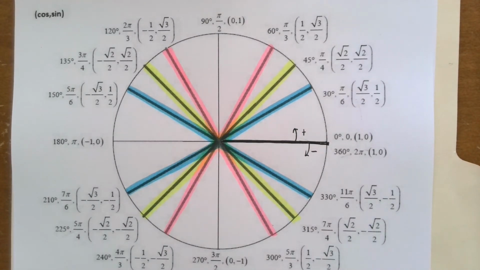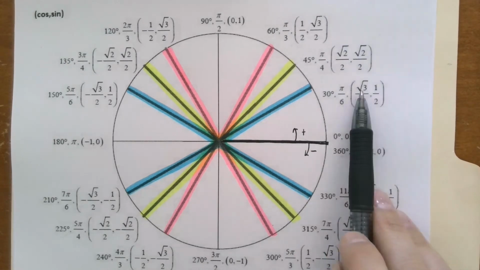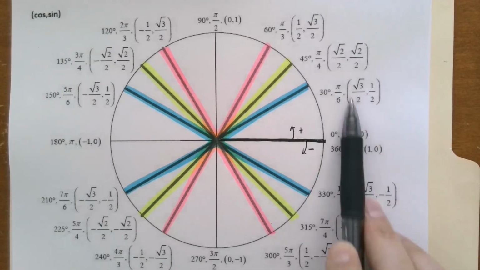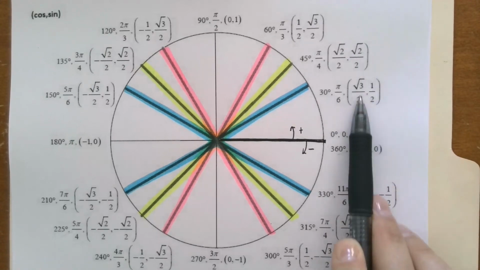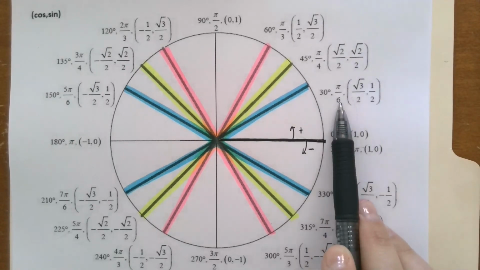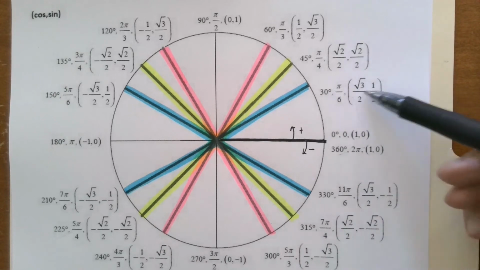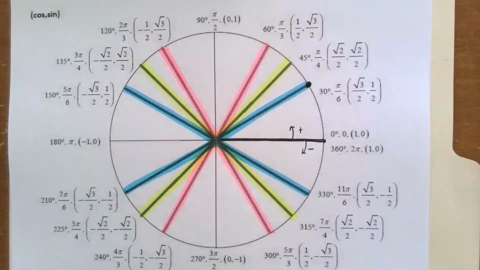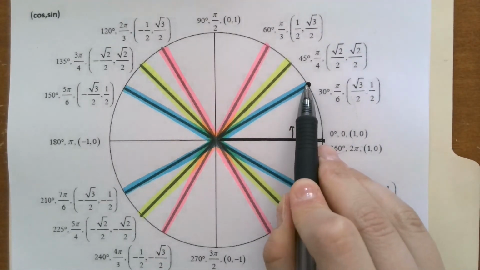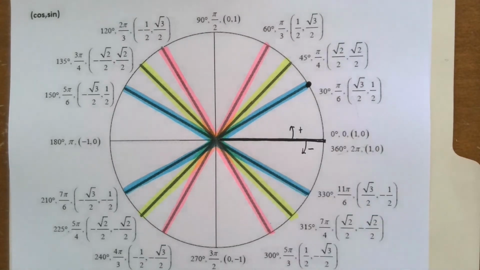Okay, so the third component in each piece of information is these xy coordinates here. So for this first one at 30 degrees or pi over 6 radians, these are the xy coordinates of this point right here on the edge of the unit circle. So the x value of that point is root 3 over 2, and the y value is 1/2.